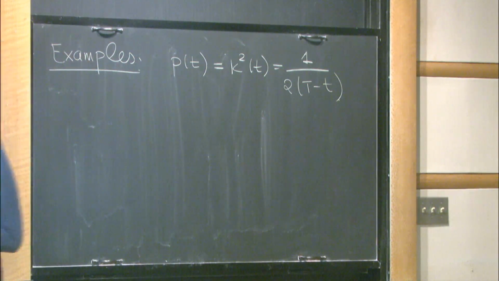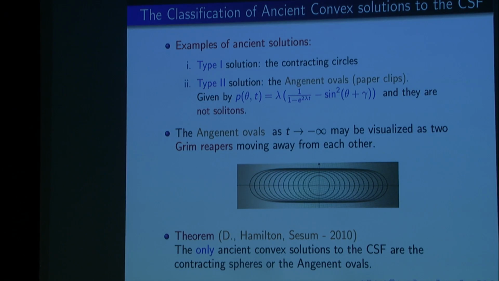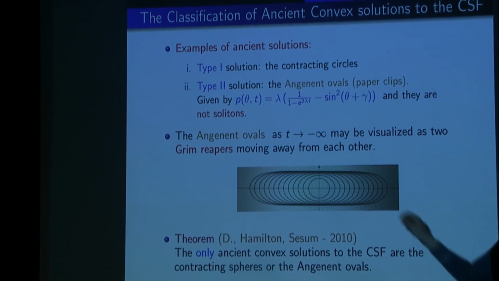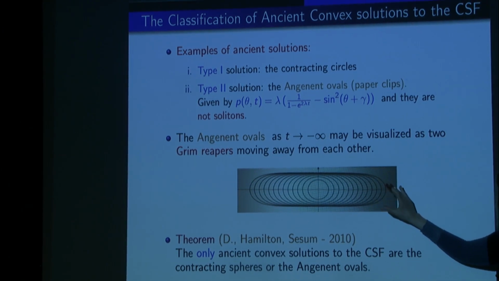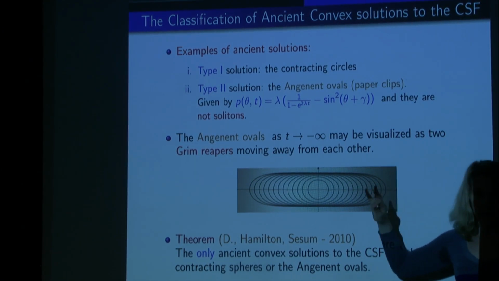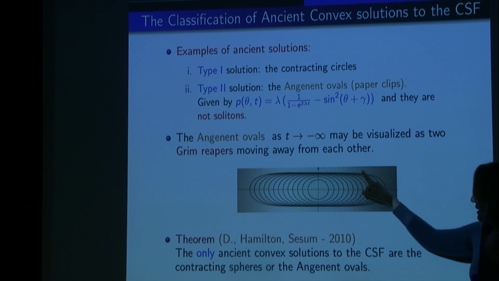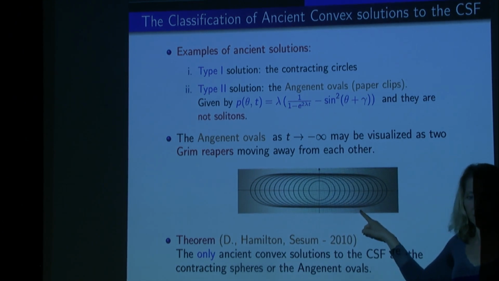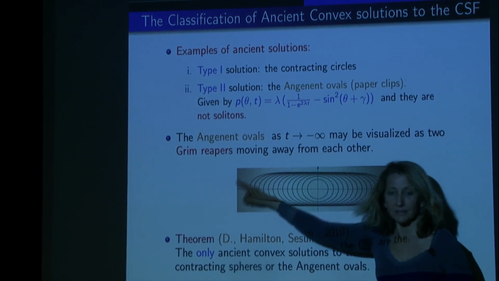Now there are other solutions that were discovered by Sigurd Angenent, the person who gave you the computer session yesterday. He calls them the paper clips, and this is a normalized picture. This tells you that very far away, toward minus infinity, they look like two lines, and here they are compact.